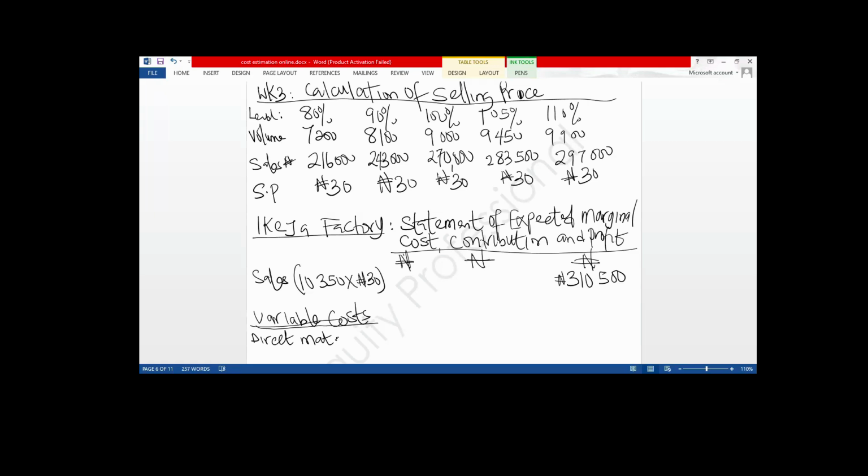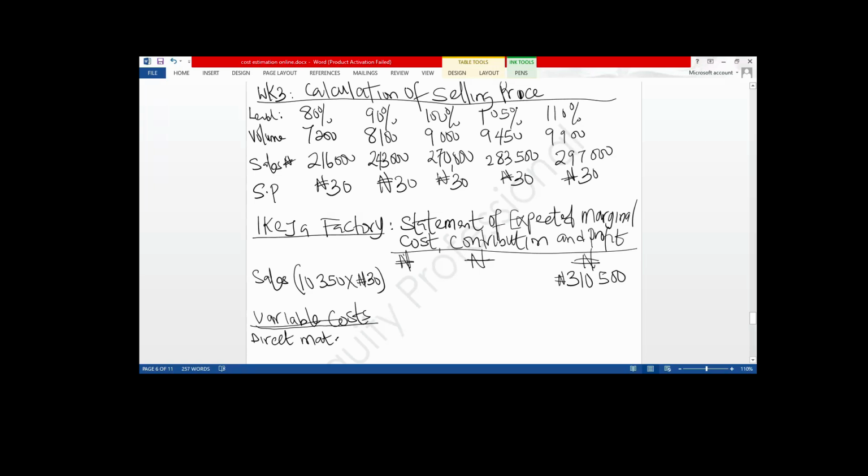You are partly correct. We are going to use both. Once it increases, we'll use the other one. Now, to achieve 100%, you must produce how many? 9,000 units.